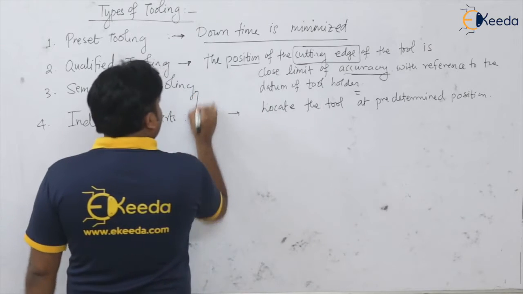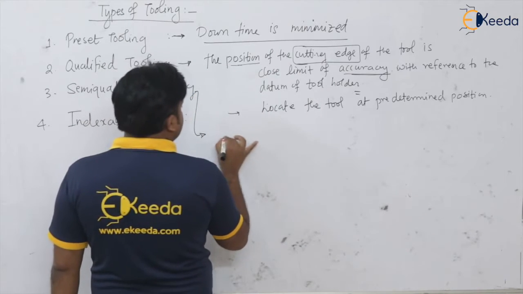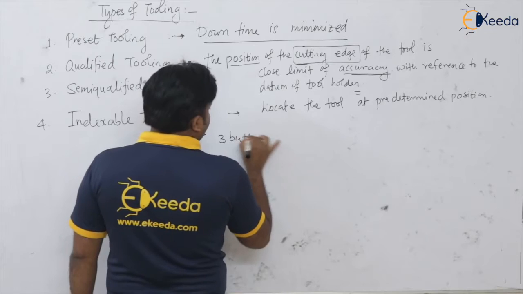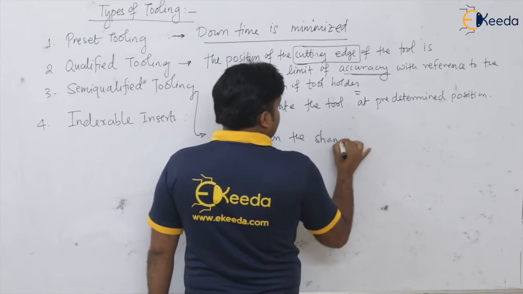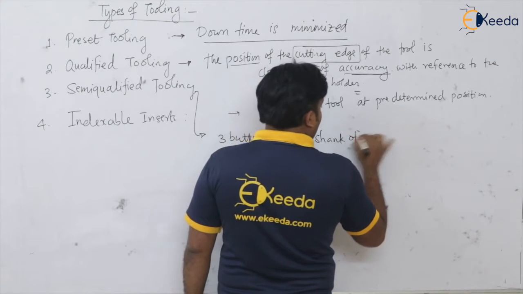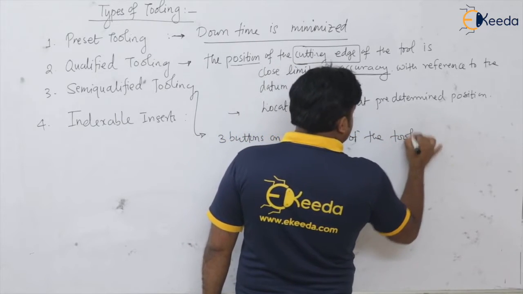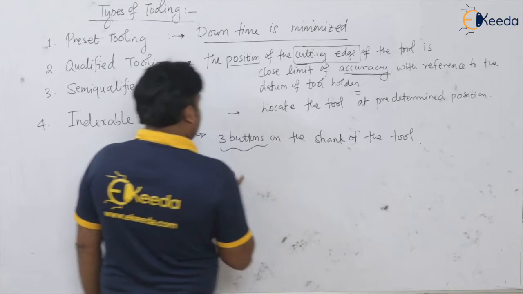And if you talk about the semi-qualified tooling, it has 3 buttons on the shank of the tool, and please remember these 3 buttons are adjustable.